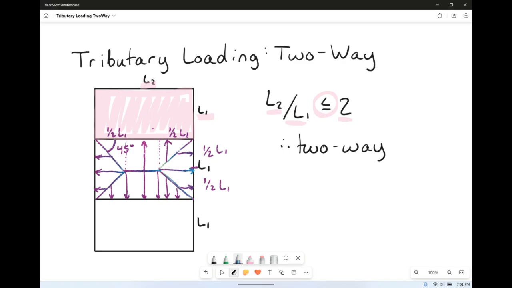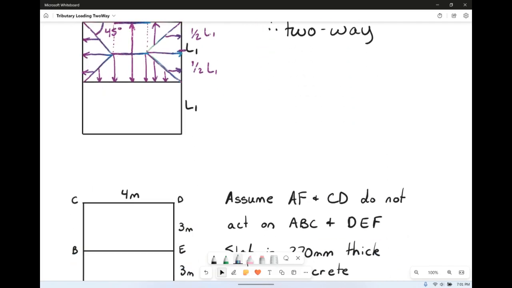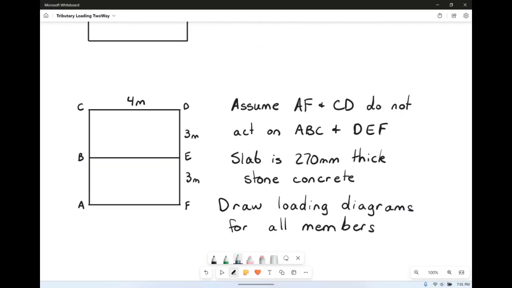So the remainder of whatever it is for the base of this part right here is just going to be L2 minus L1. So we have a trapezoid shape for the L2 direction, and we have triangle shapes in the L1 direction. Let's see how it all plays out in an example.